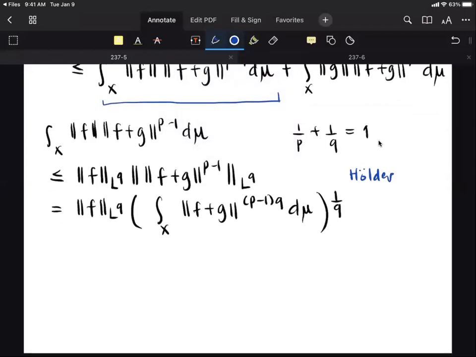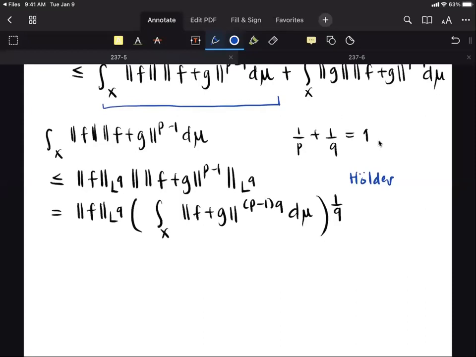Let us do some arithmetic with regards to the powers. So 1 over q is equal to 1 minus 1 over p, and this is equal to p minus 1 over p.